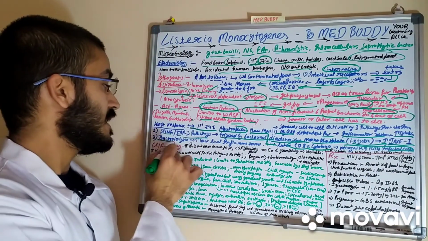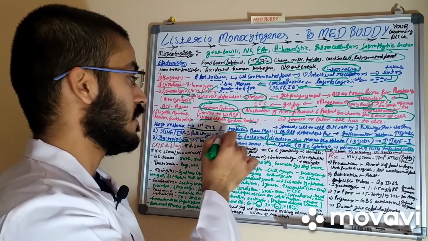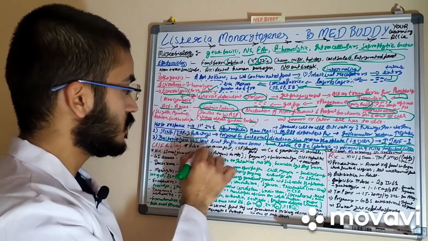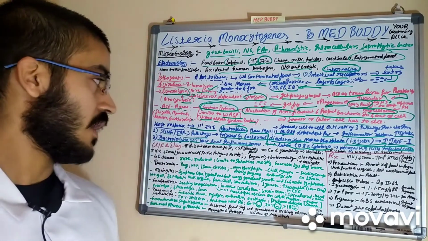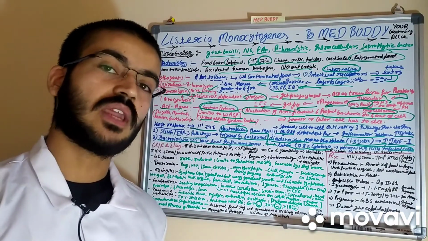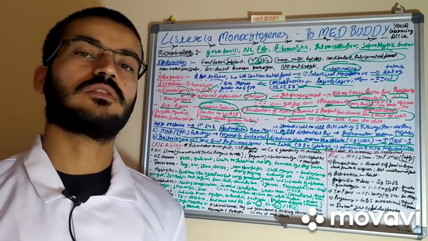Third, the listeriolysin produced by killer cells and phagocytes will cause an increase in inflammasomes, which are responsible for subacute inflammatory reactions. Clinical features and diagnosis.